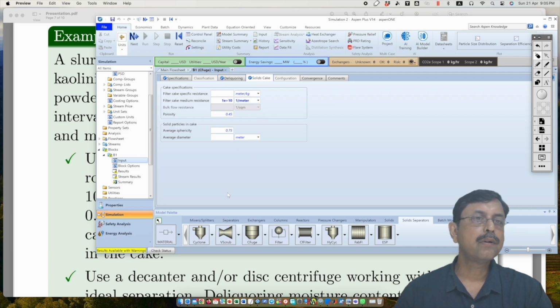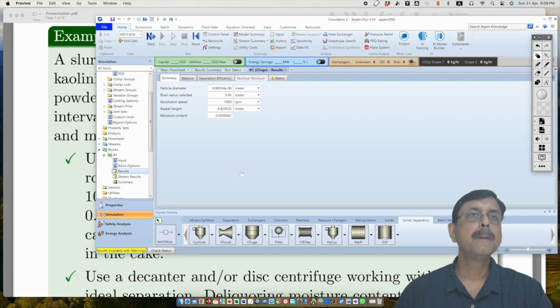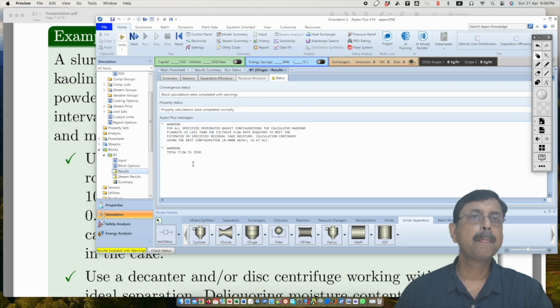Okay, so it says that there is some warning. So let us see what the warning is. It says that for all specified perforated basket configurations, the calculated maximum flow rate is less than the filtrate flow rate required to meet the estimated or specified residual cake moisture.